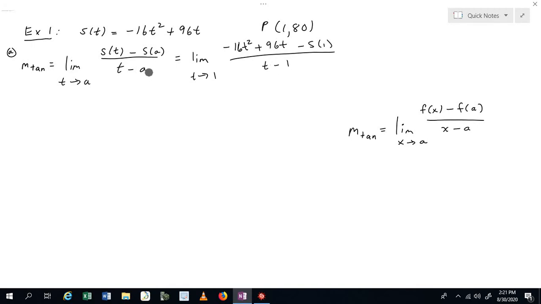Okay, so for us, a is 1, because we're finding the instantaneous velocity right when t is equal to 1. Or the instantaneous rate of change in the function when t is equal to 1, right? They're the same thing. All right, so s of 1, of course, is 80. If you plug a 1 into here, you get 80. So at 1 second, the object's located at the 80-foot mark on the number line. And so we're just left with this limit here.